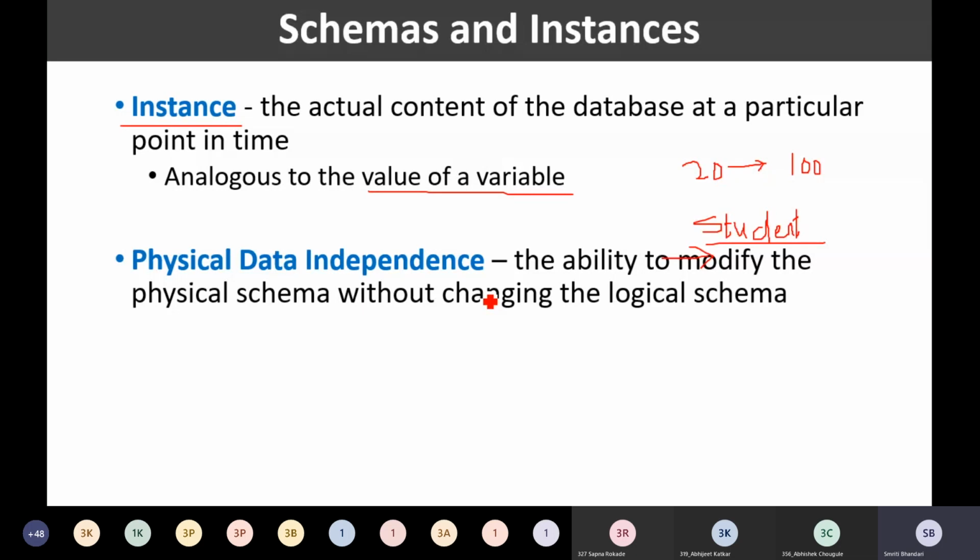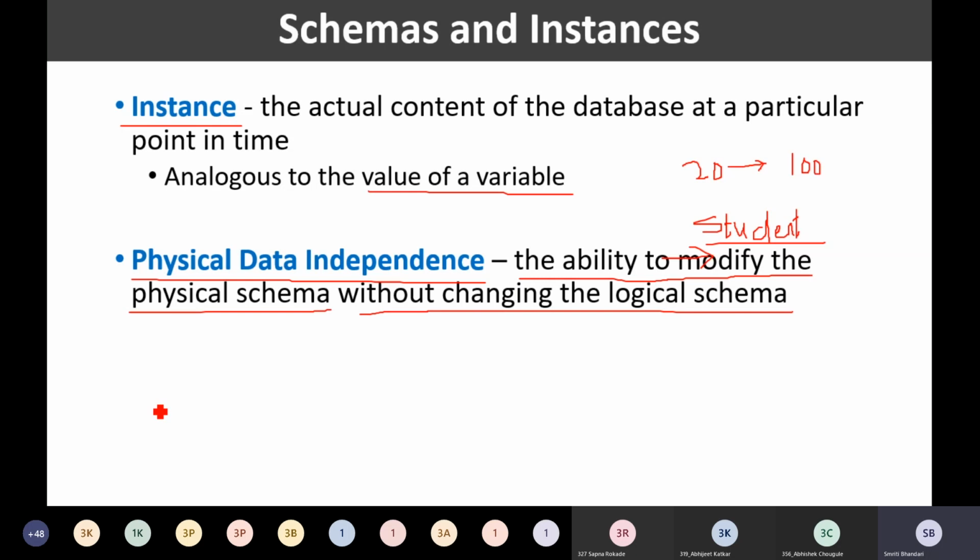With respect to this, I would like to highlight one more concept, and that is physical data independence. What do we mean by physical data independence? It is the ability to modify the physical schema without changing the logical schema.